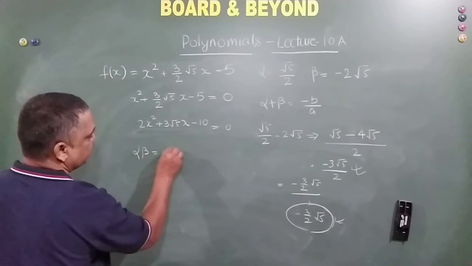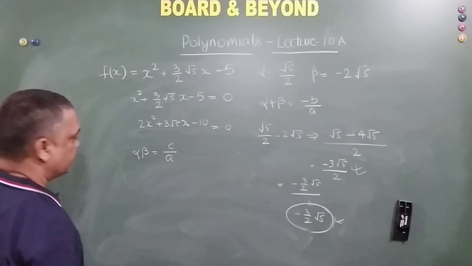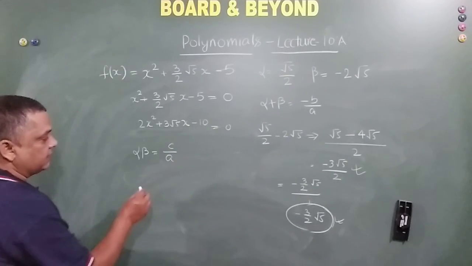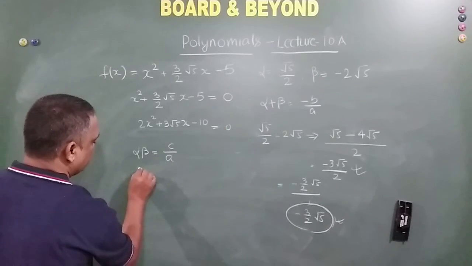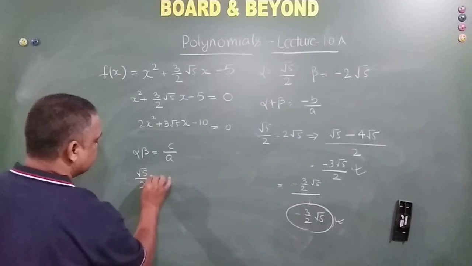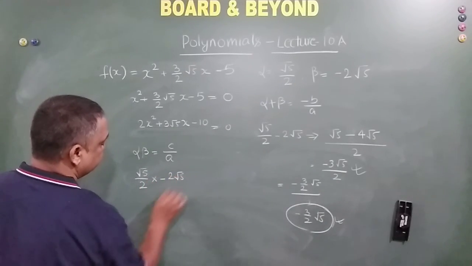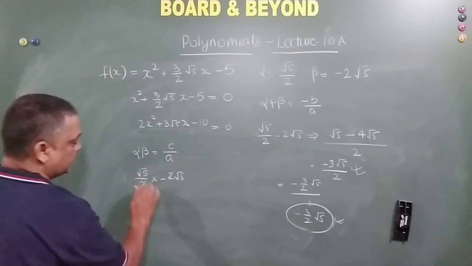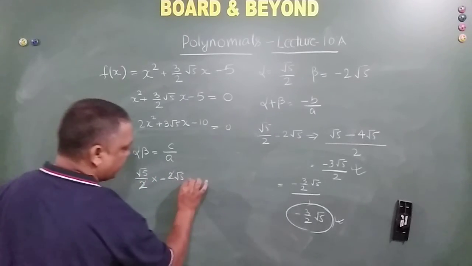Right? So let's do alpha into beta now. Alpha into beta is nothing but c by a, as per the standard derivations that we had done earlier. So alpha is root 5 by 2 and beta is equal to minus 2 root 5. So this and this cancel. So root 5 into root 5 is 5, but with a negative sign.